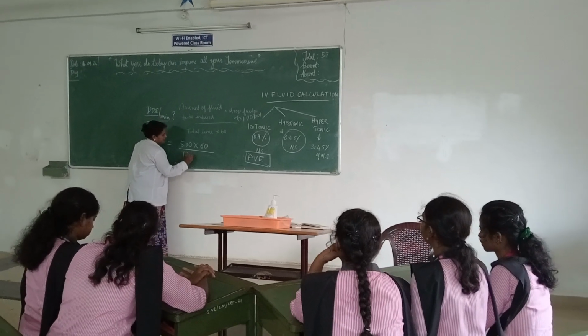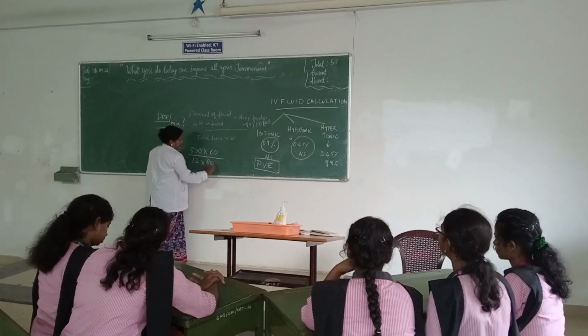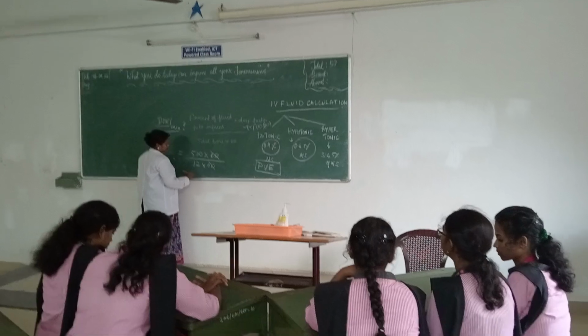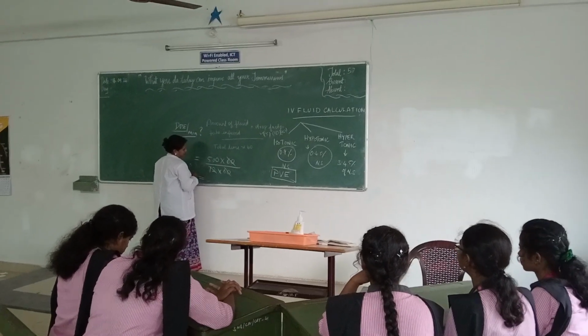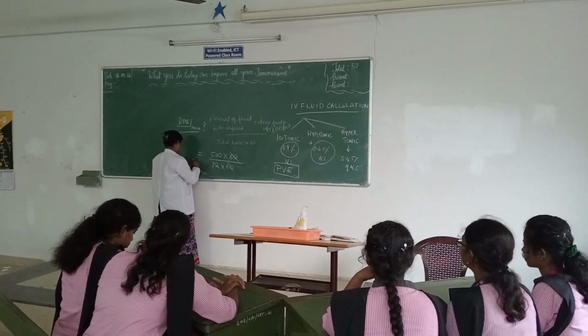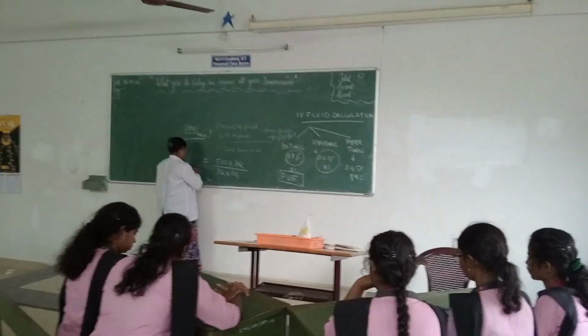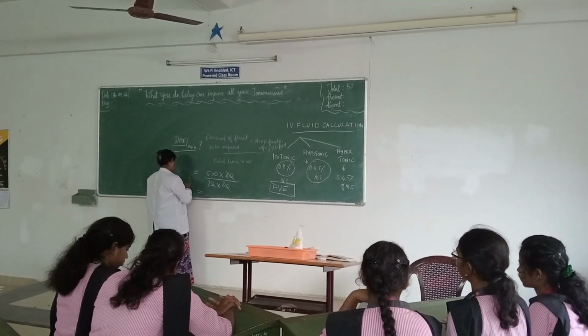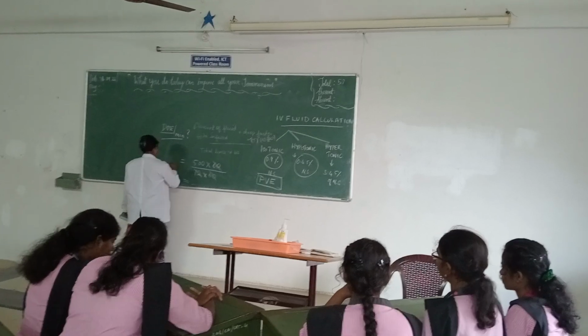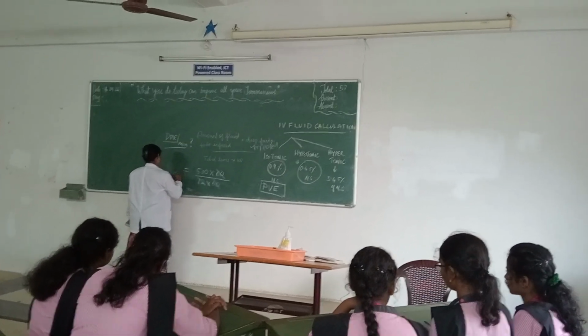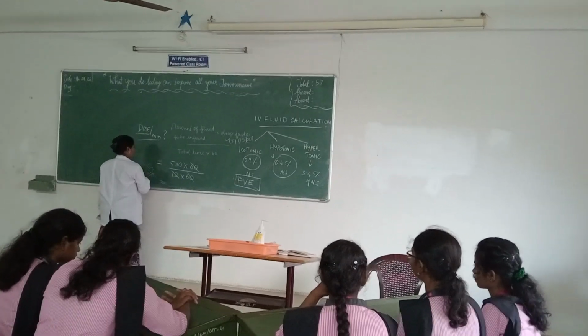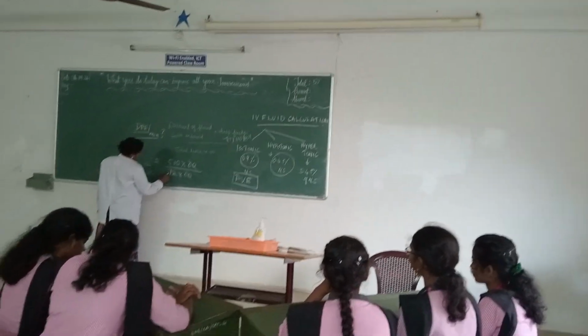12 hours into 60. So this 60 gets cancelled. So 12, how many times?